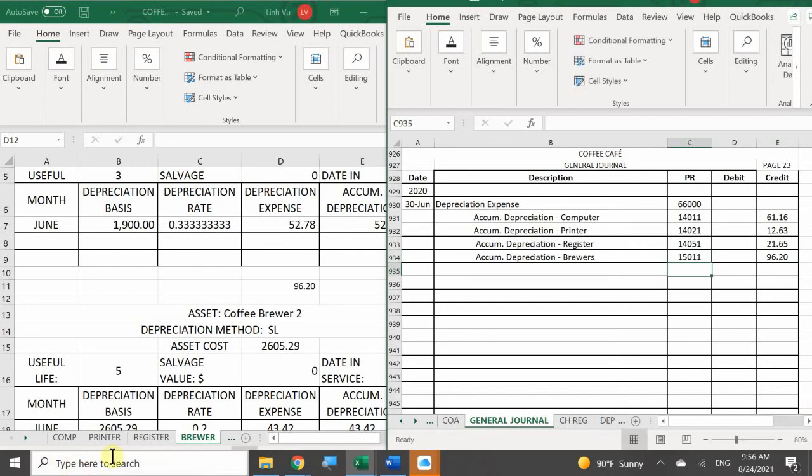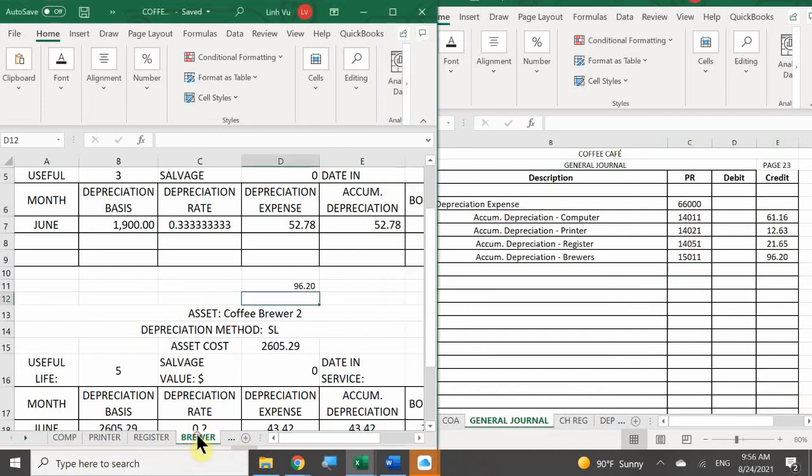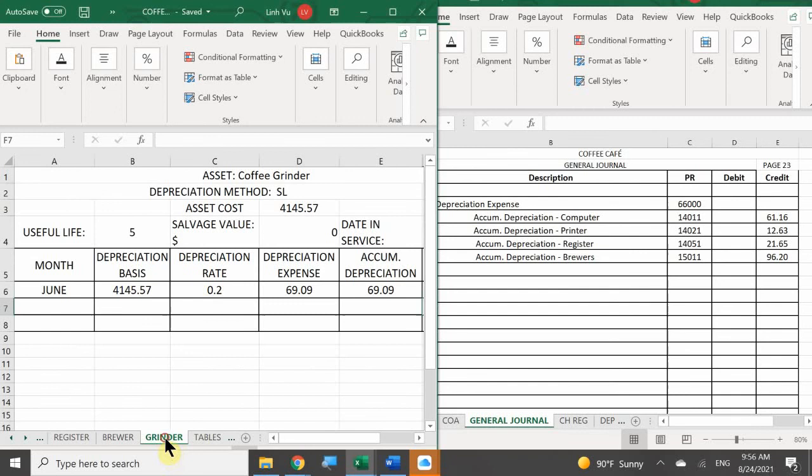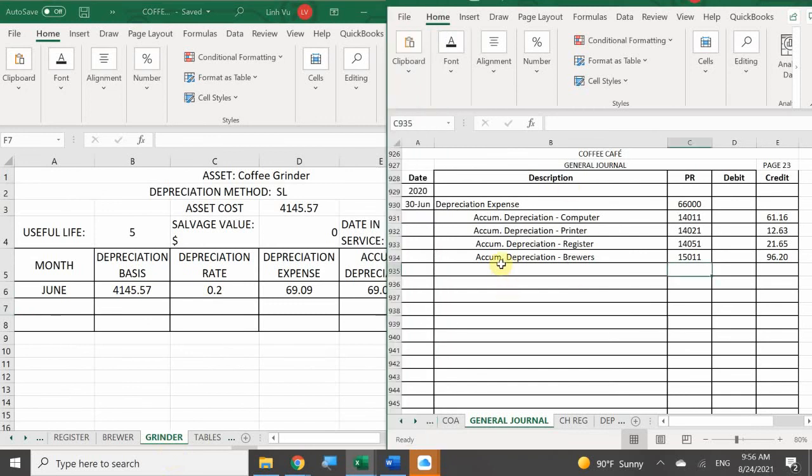So let's see what's next on my list. We added up our two coffee brewers. Next we have our coffee grinder.